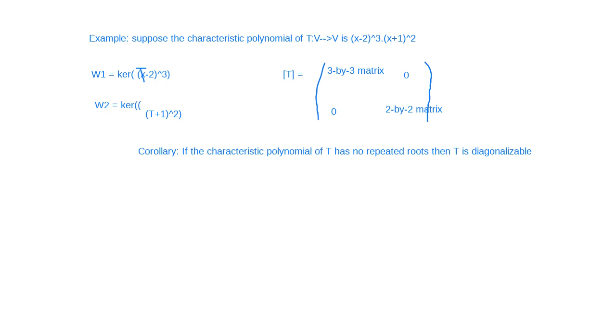As an example, if the characteristic polynomial of T is x minus 1 times x plus 1, then this primary decomposition theorem tells us that we can take W1 equals the kernel of T minus 1, and W2 is the kernel of T plus 1.